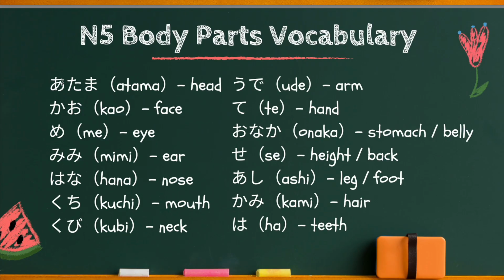Head is 頭, face 顔, eye 目, ear 耳, nose 鼻, mouth 口, neck 首, arm 腕, hand 手, stomach お腹, height, back 背, leg 足, hair 髪, teeth 歯.